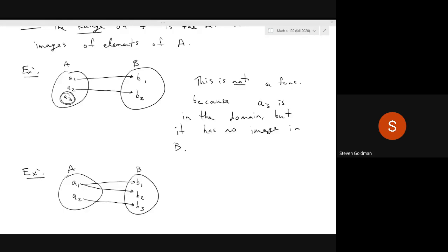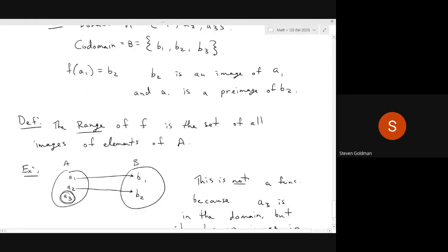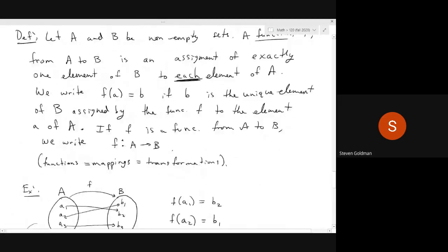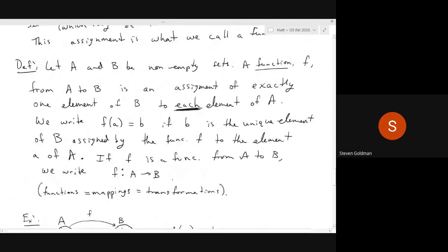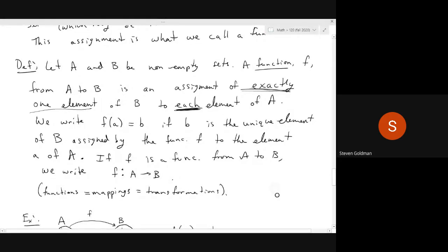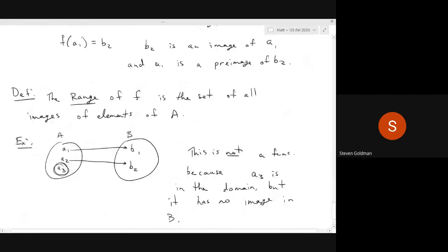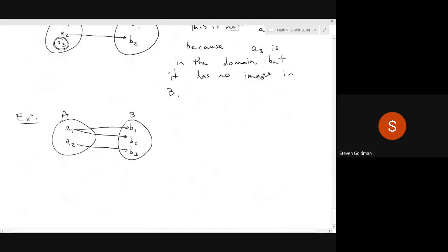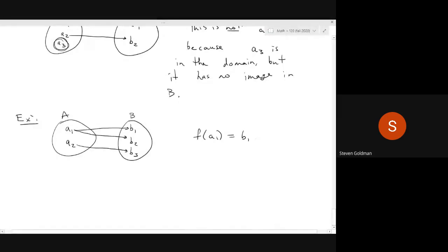Why not? Again, let's go back to the definition. What did we say before in the definition of a function? A function from A to B is an assignment of exactly 1 element of B to each element of A. In this particular example, I have 2 elements in B assigned to an element in A. So f of A1 equals B1 and B2.